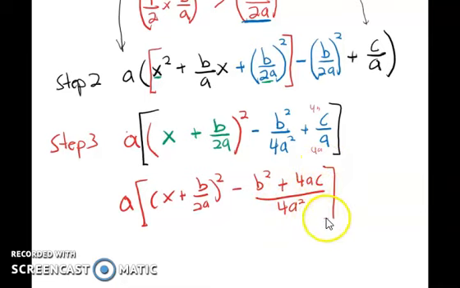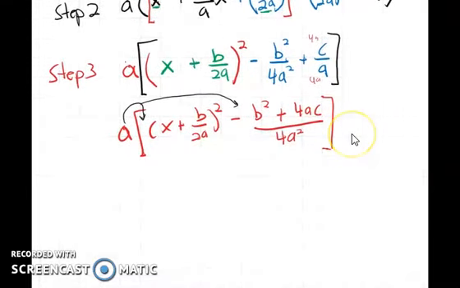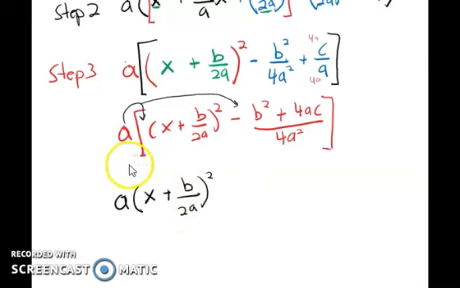Then we multiply this a inside, in front of this square and here. So we will get the final equation. Remember when this a multiplies with this term, it will cancel with this a squared.